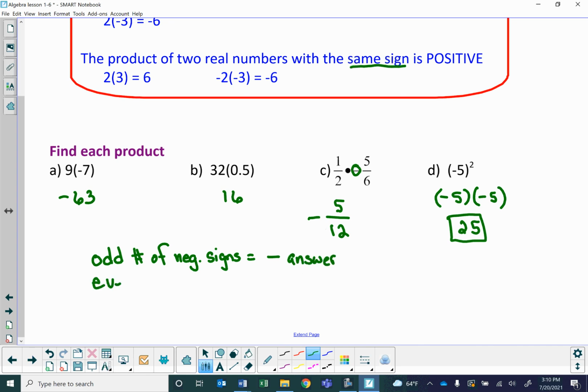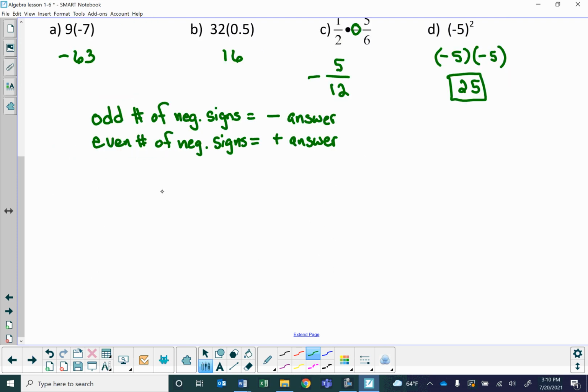Even number of negative signs, your answer will be positive. For example, let's say I do negative 1 times 1 times 1 times 1 times negative 1 times negative 1 times negative 1 times 1 times 1 times negative 1.